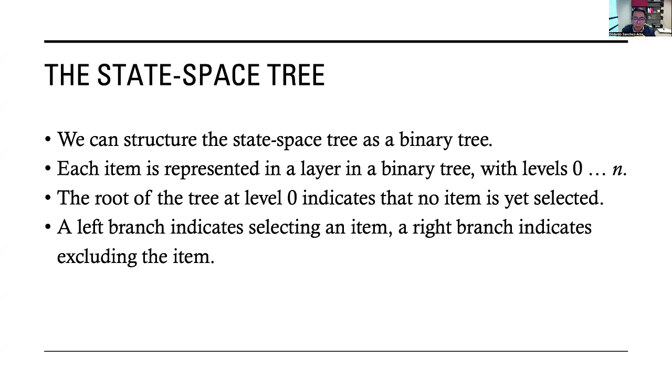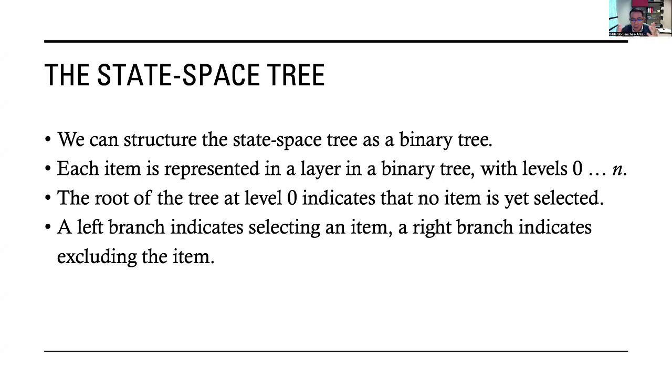What we are going to do now is create a branch. And since this tree is a binary tree, we will have 2 branches. One of them is going to indicate that we are taking the item, and the other one is going to indicate that we are leaving or excluding the item.